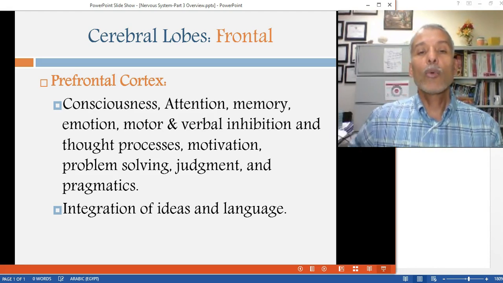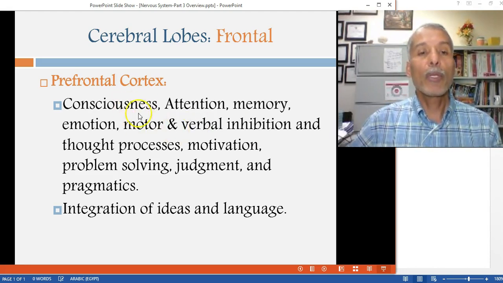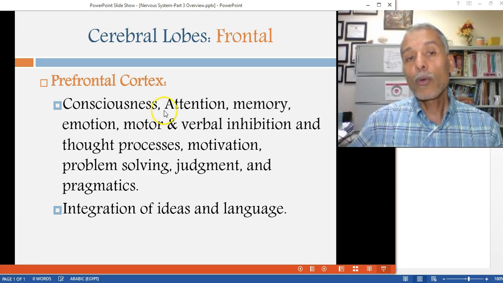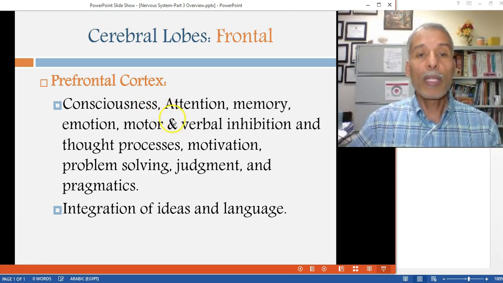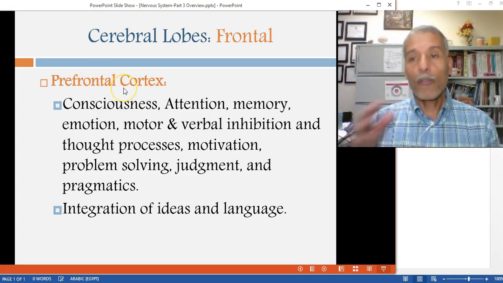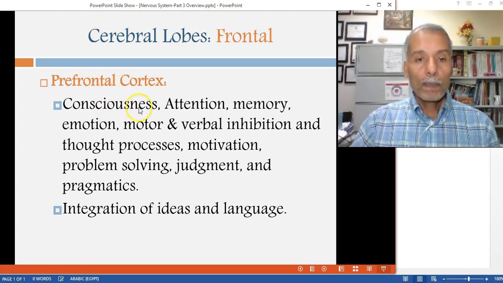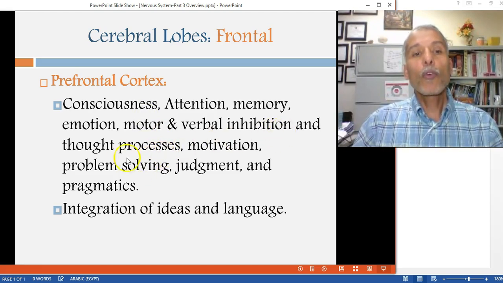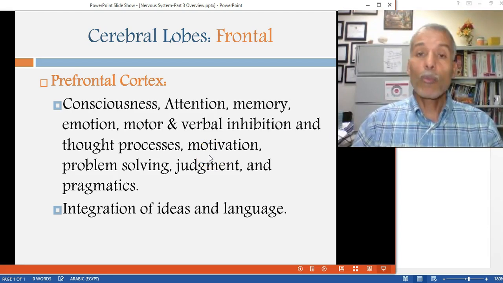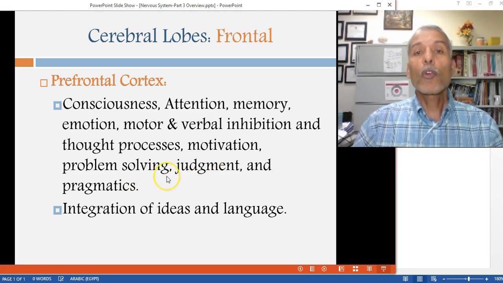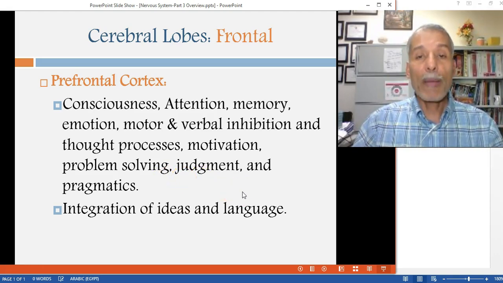People with ADHD will have difficulty with this inhibition because part of the problem they have is the poor functioning of the prefrontal cortex. Also, it is important for thinking and for regulating your motivation, and also for problem solving, for making judgments about things, and for social communication, for pragmatics.